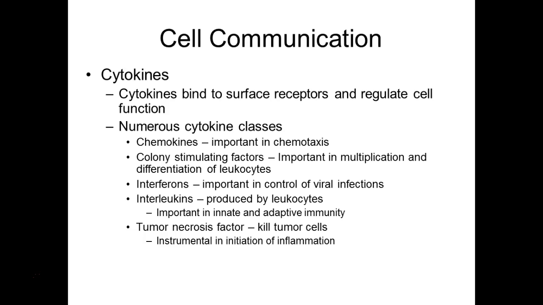That's going to go down that lineage and produce that subset of white blood cells. That's why it's referred to as a colony: it's a group of cells that are similar. Remember, leukocyte is just another name for a white blood cell.